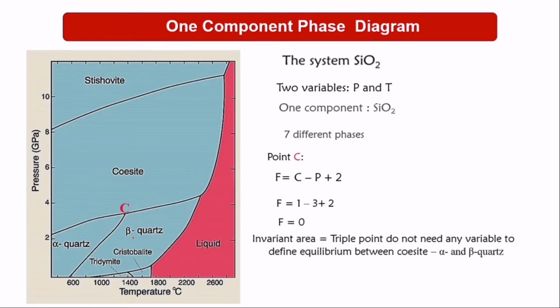And it is invariant. The triple point does not need any variable to define equilibrium between the coesite, alpha and beta quartz. So you should note that when the degree of freedom is 0, it is on what? The triple point, which is the invariant area. And when it is 1, it's on the curve, which is the uni. When it is 2, a specific phase, which is di.